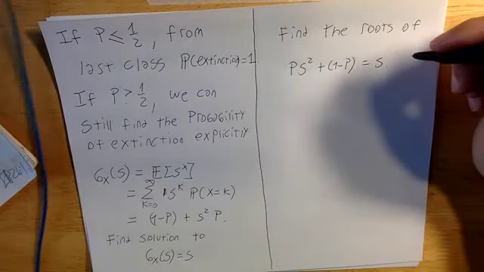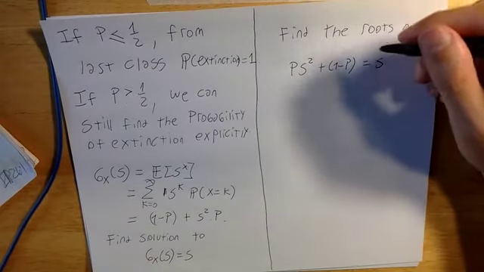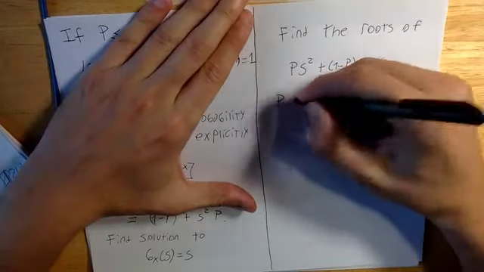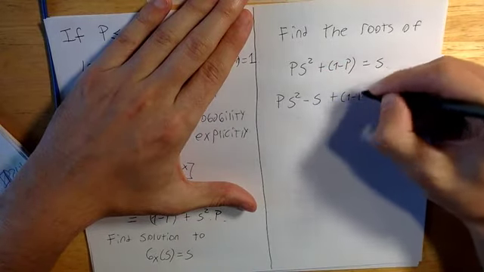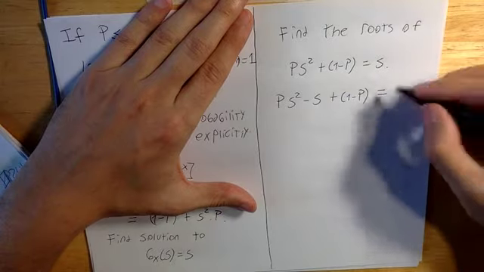Okay, so we can pass the s to the other side and get p s squared minus s plus 1 minus p equals 0.